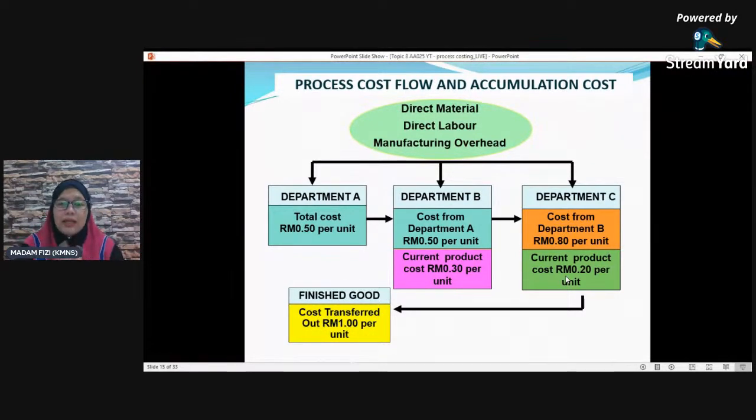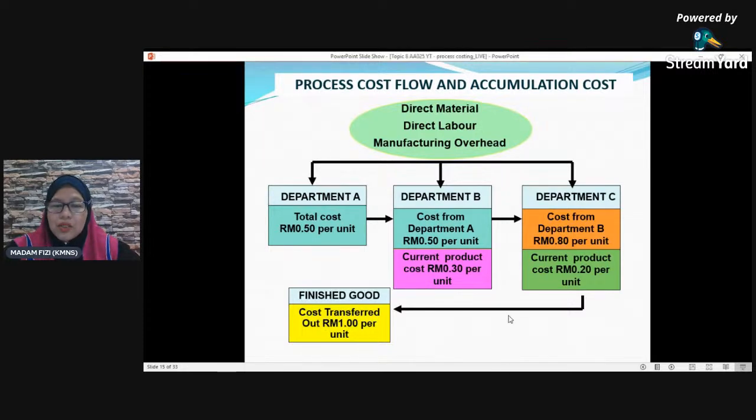So boleh nampak tak the accumulation cost daripada department A 50 sen, department B campur lagi 30 sen jadi 80 sen. So dekat department C start 80 sen, campur dengan kerja dekat department C 20 sen. So the finished good is RM1. Boleh faham ya the process costing, the accumulation cost.